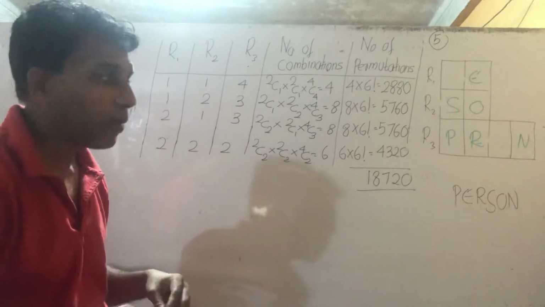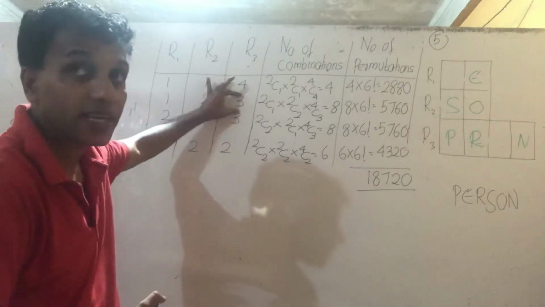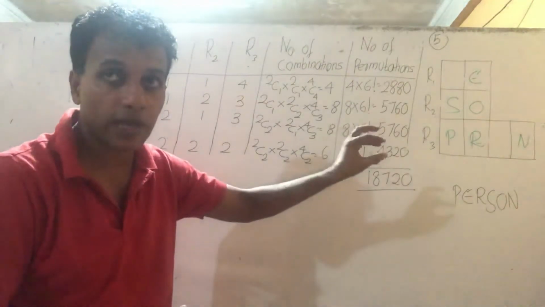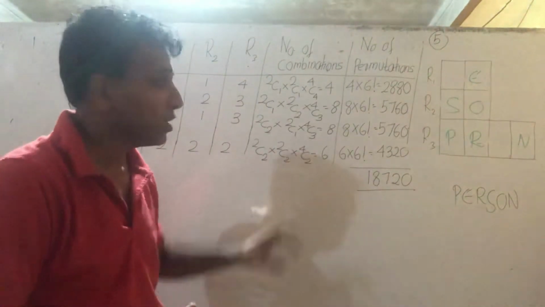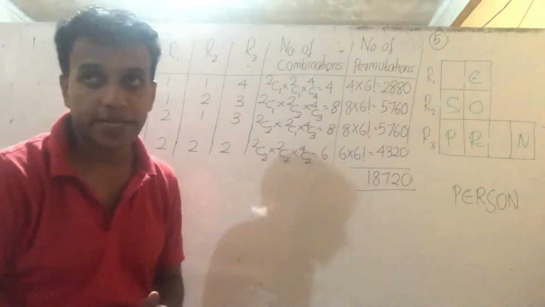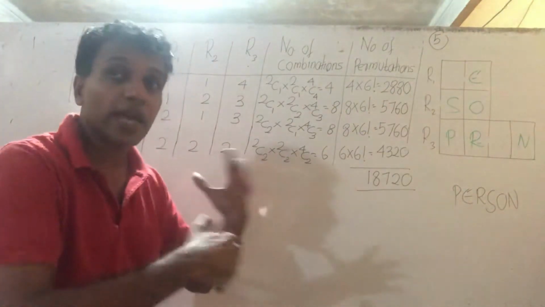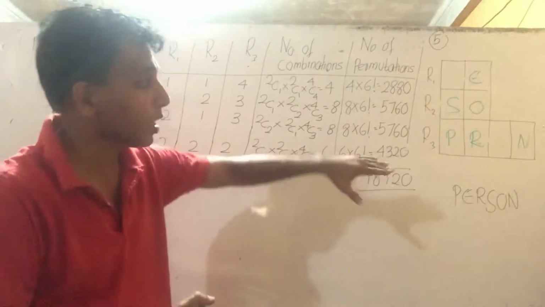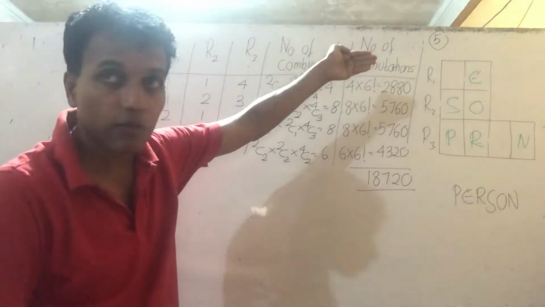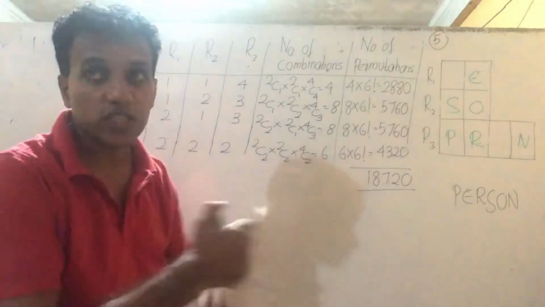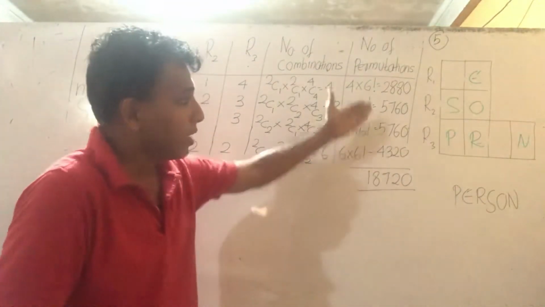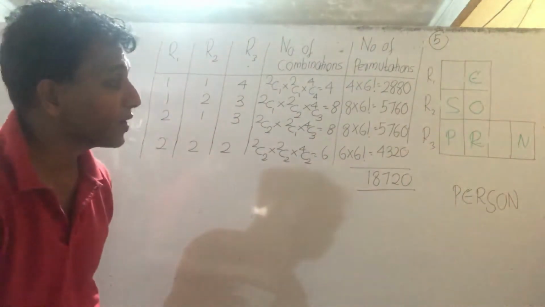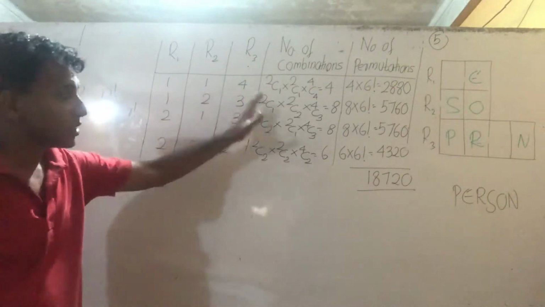Third row, 4 blanks, I am using only 3 letters, so the combination is 4C3. If you simplify, the answer becomes 8. Then they can change their positions, even to the upper row. The person from the first row comes to the third row. They will change, and that's why 8 times factorial 6, which is 5760. I have shown this clearly.